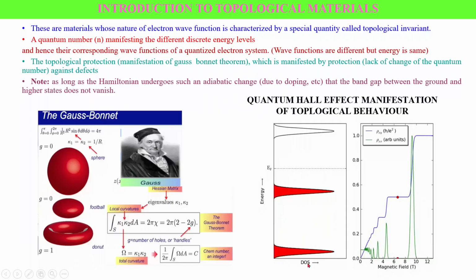But after a certain value of the magnetic field, if we continuously increase the magnetic field, the density of states is not close to the Fermi energy, and with this the topology is broken.